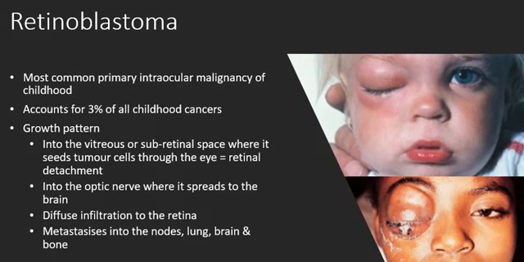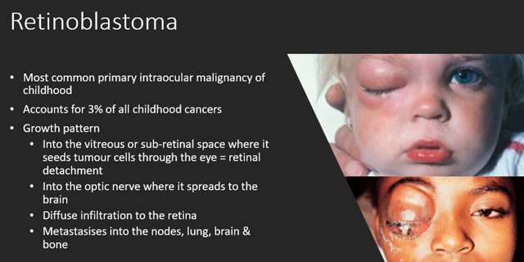And the final tumour in this presentation is a retinoblastoma. Retinoblastomas occur in 1 in every 17,000 live births, so they're fairly common, and they are the most common primary intraocular malignancy in children, and they account for 3% of all childhood cancers. What happens is they grow into the vitreous or the subretinal space, and they seed tumour cells throughout the eye, and they will cause a retinal detachment.